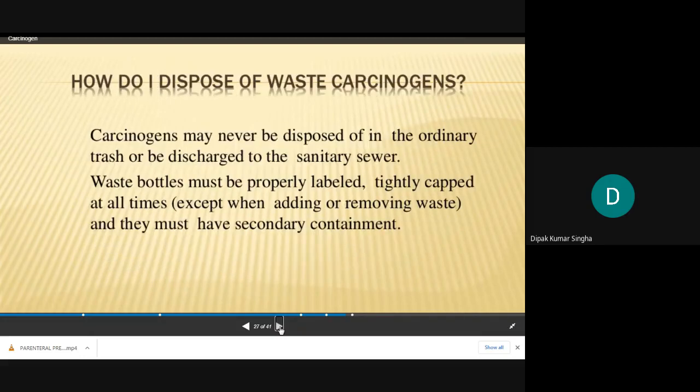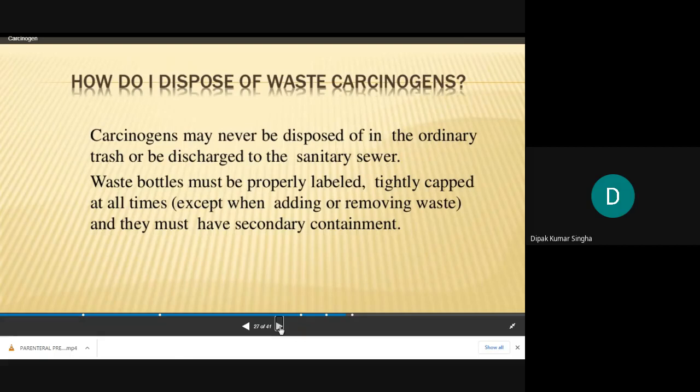How do I dispose of the waste of carcinogens? The carcinogen waste material, how to dispose of it? This is another thing, when you work in the laboratory with carcinogen compounds. Carcinogens must never be disposed of in ordinary trash, because they will be released into the environment, nor discharged to the sanitary sewers.